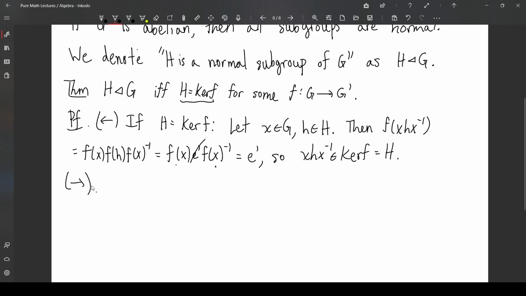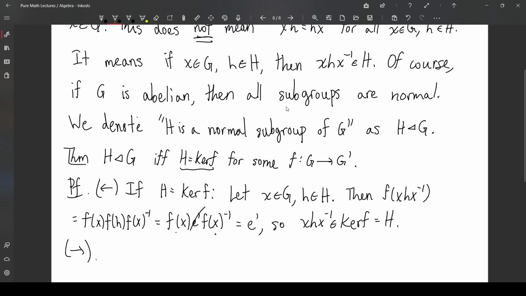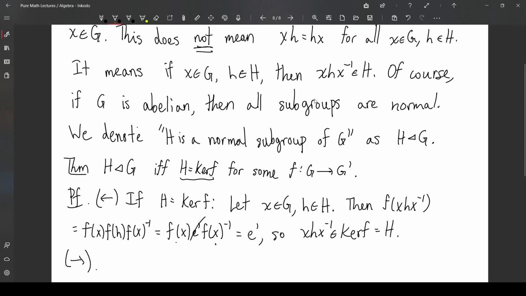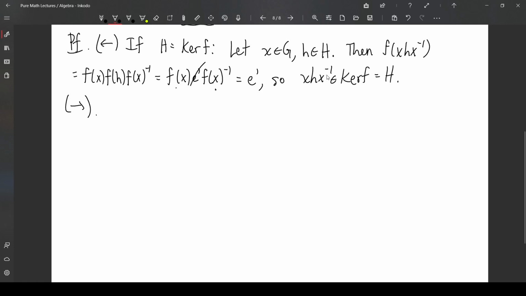The other direction is trickier, though, because we have to show that this normality condition allows us to find some group homomorphism. And what we're going to do is construct what is known as a canonical homomorphism.